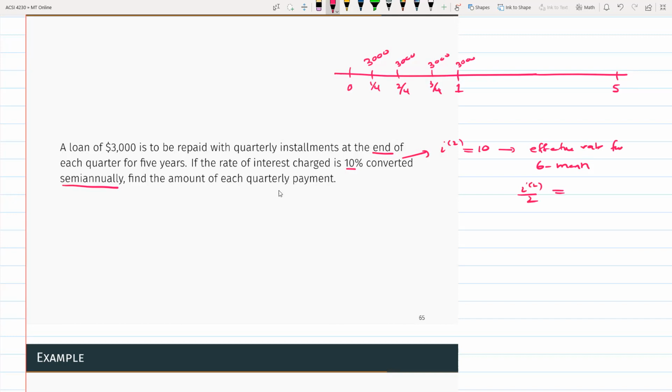Because this is the nominal rate for the year. Then the effective rate for 6 months is 10 divided by 2, which is 5%. But what do we need? We need J for the quarter. So I can say 1 plus J squared, not fourth, because we have the effective rate for 6 months, not for the year. So this should be 1.05. From here, I can get J.